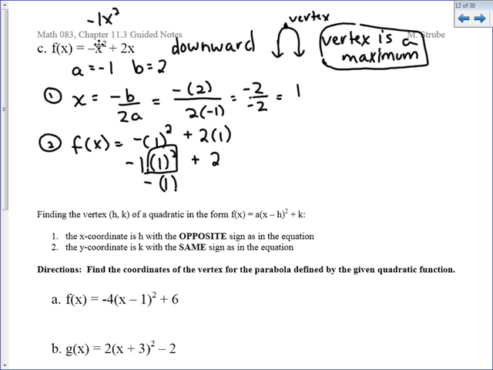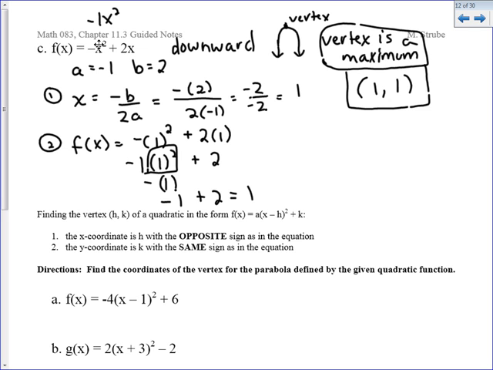It's negative 1. So negative 1 plus 2 gives me a y value of 1 as well. So my ordered pair here is 1, 1. So just be careful with that negative in front of x squared. If you need it, put it as a negative 1.